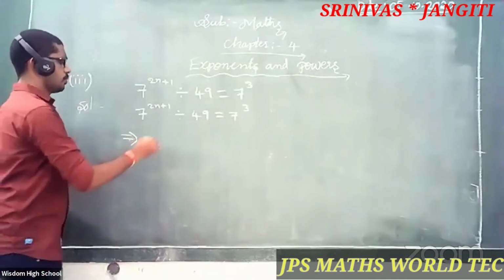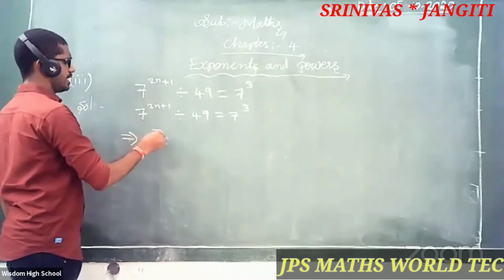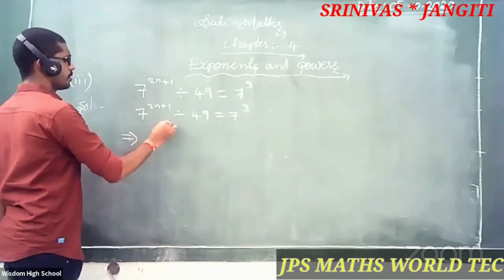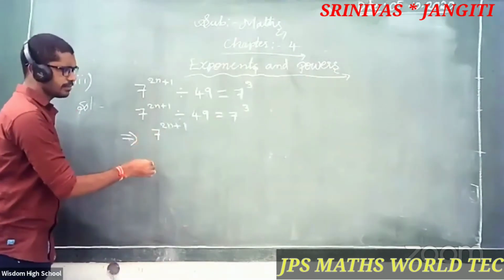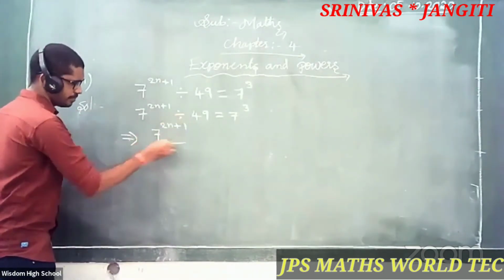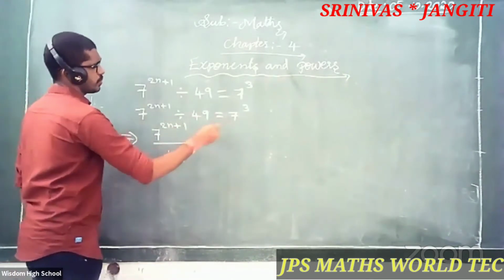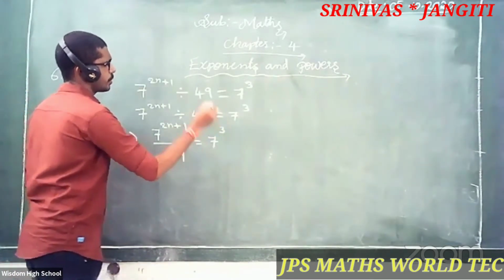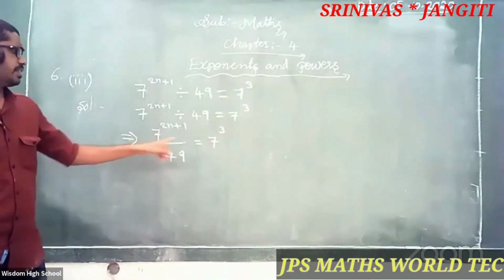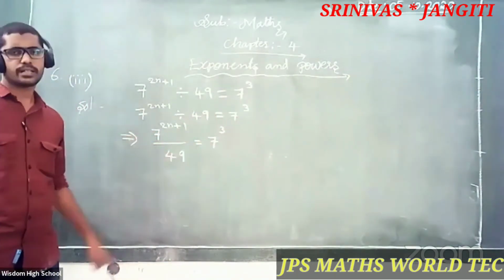Then observe what is the change. Just write here like this: 7 to the power of 2n plus 1 divided by 49 is equal to 7 cube. Here 7, here 7, here 49.